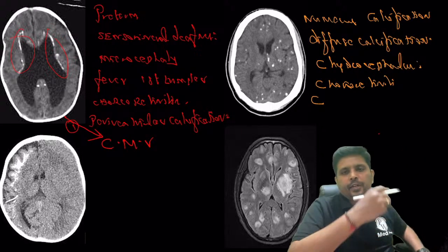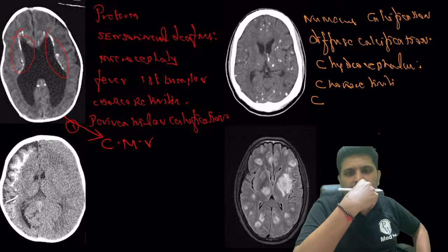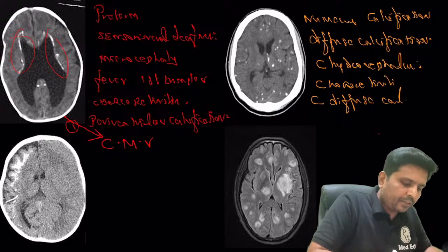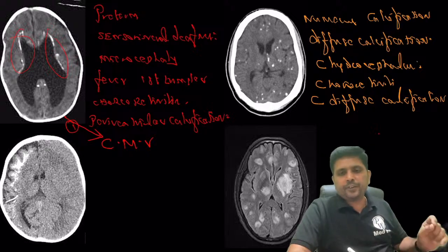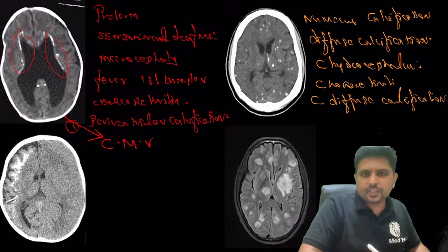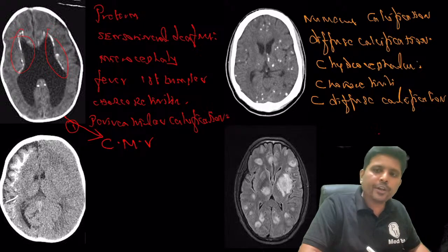Please tell me in which condition you will get this diffuse calcification, with respect to an infection that happened in the first trimester. Can anyone tell me? Yes. Diffuse calcification, hydrocephalus, chorioretinitis.